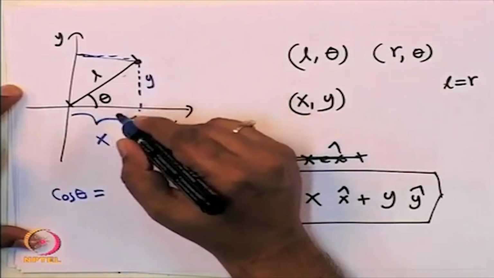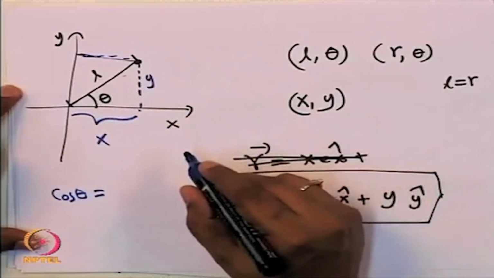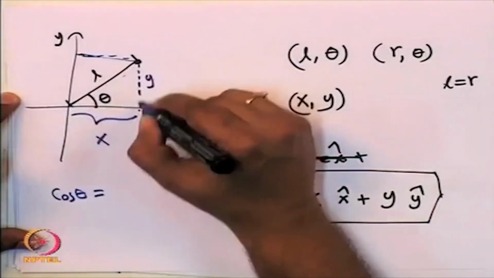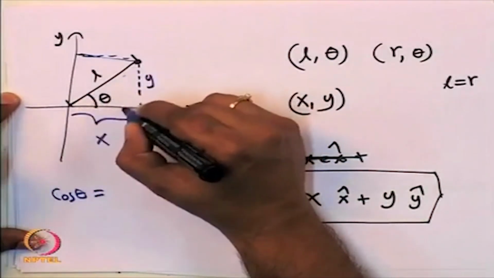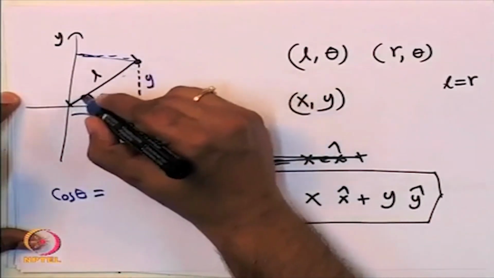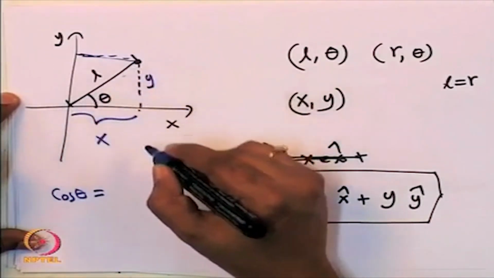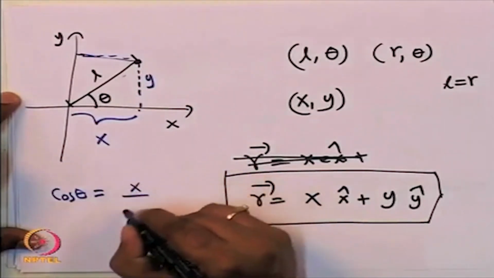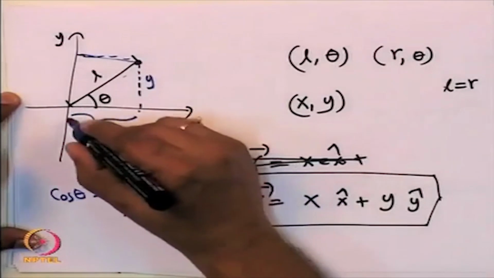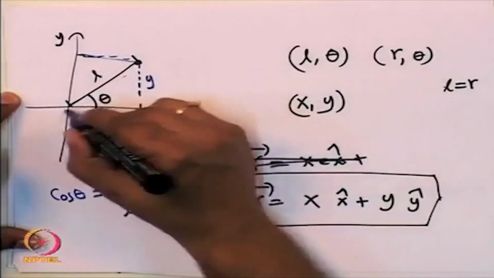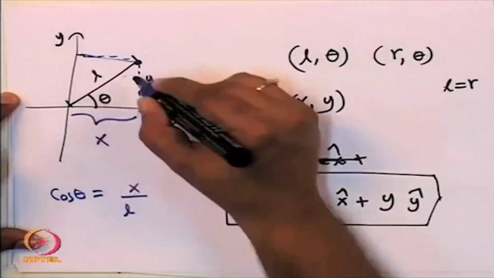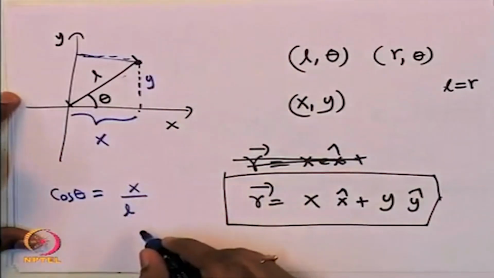If you consider this as a right triangle with this as a 90 degree angle, this is its hypotenuse. So, cos theta is always x by L, that is the adjacent side, which is adjacent to this angle theta, which is x, divided by this hypotenuse L. This is the definition of cos theta.